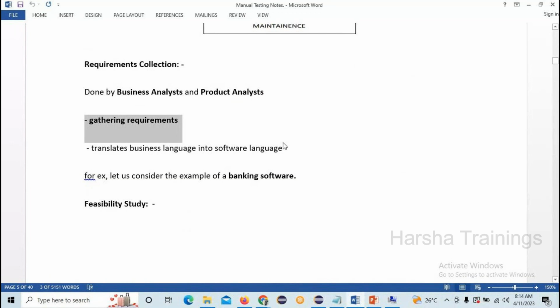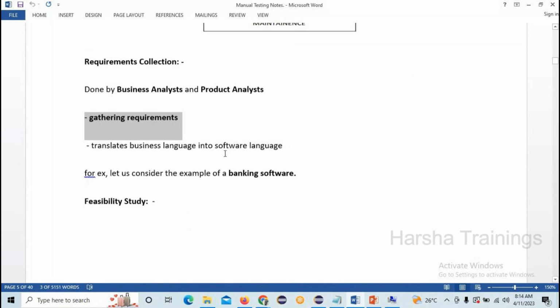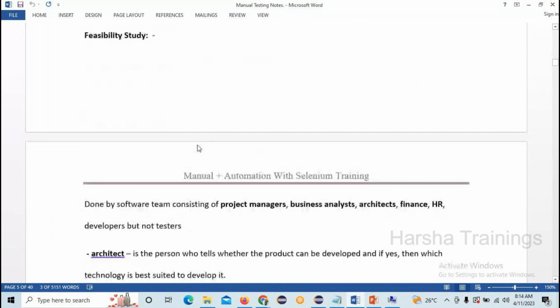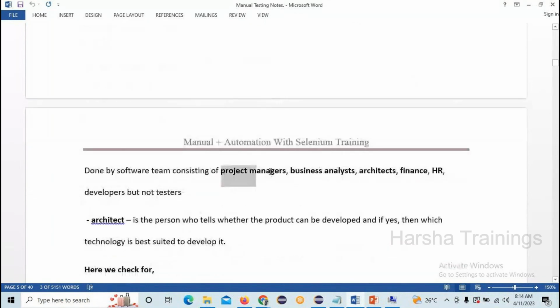The customer tells the project requirements in business language, and the business analyst and product analyst convert it into software language. After that, the feasibility study is done by the project managers, business analysts, architects, finance, and HR.